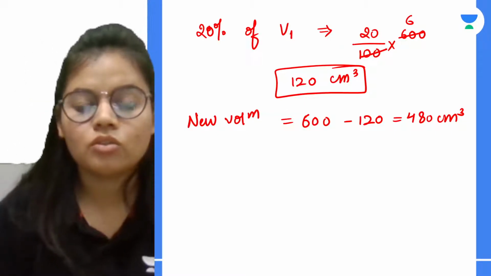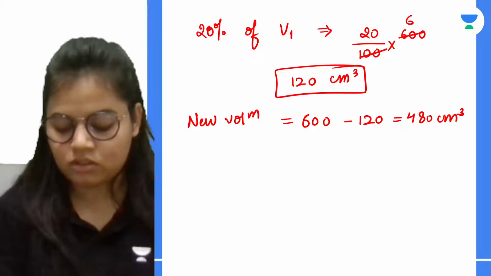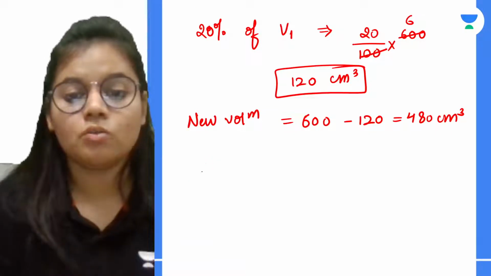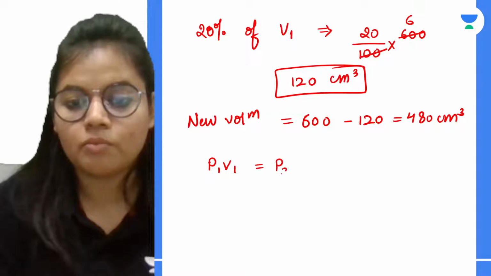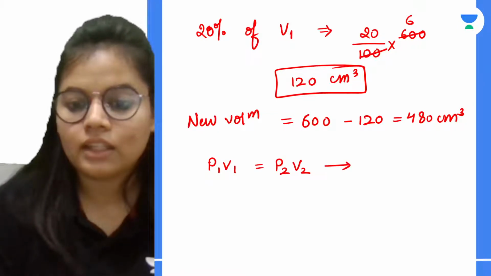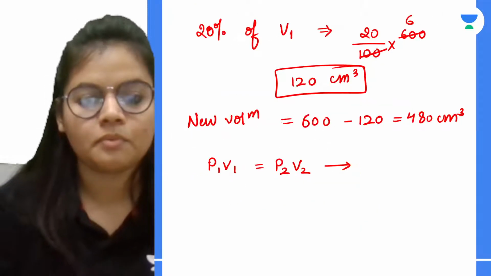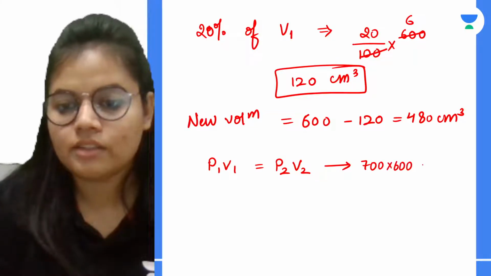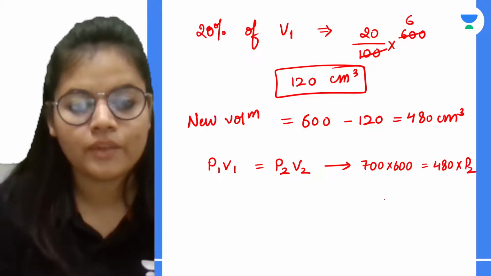Now what are we going to do? We are going to calculate applying the Boyle's law. Why? Because the temperature is given as the constant quantity. So P1 V1 equals P2 V2. Putting the values in the equation simply. P1 is given to us as 700, I guess. 700 into 600 is equal to 480 into P2.